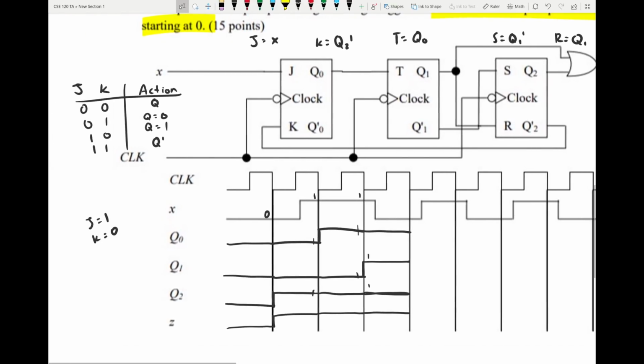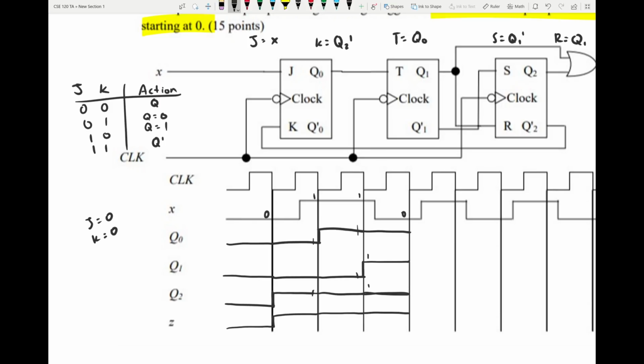Next cycle. Now our X is back down to a 0 again, which means our J is going to be 0. Now our K, based on Q2 naught, Q2 still a 1, nothing new there.